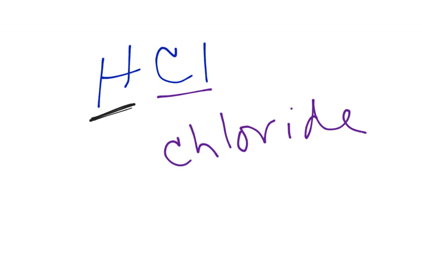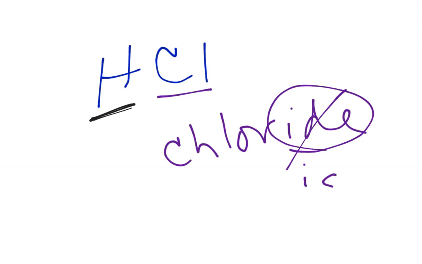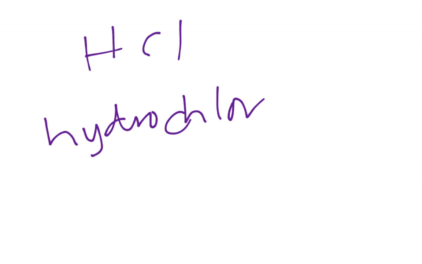Because it's just chlorine, and so we changed the ending to IDE. If it ends in ide, we're going to change that to an ic, but on the front we're going to put hydro. So HCl becomes hydrochloric acid.